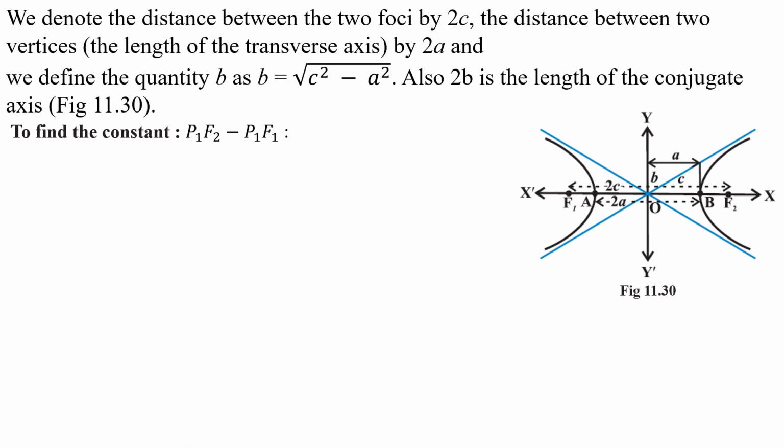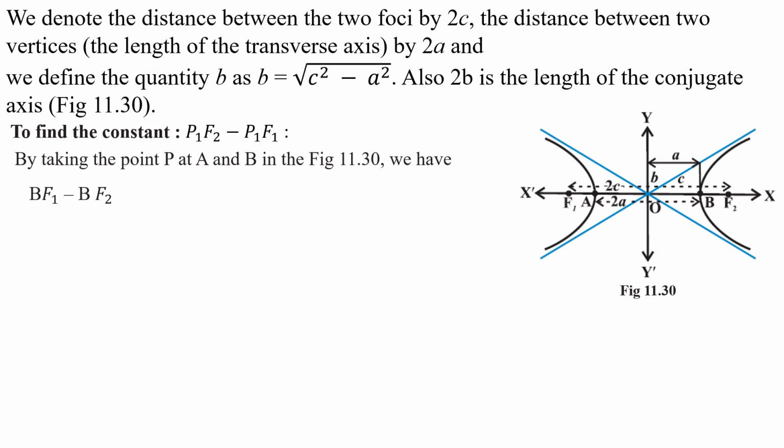Okay, my children, right. By taking the point P at A and B in the figure 11.30, we have BF1 minus BF2 is equal to AF2 minus AF1 by the definition of the hyperbola.